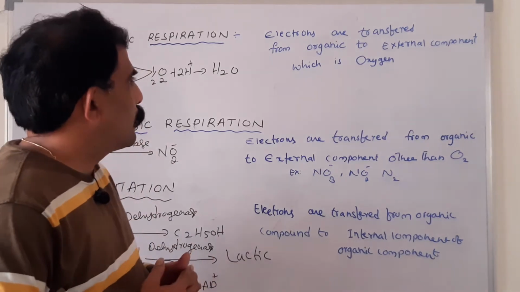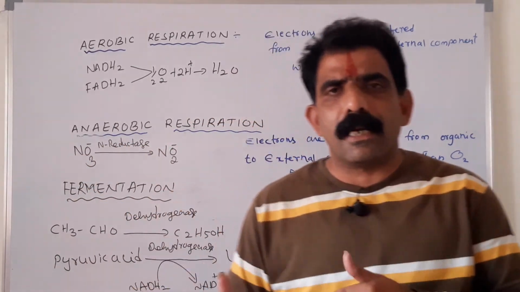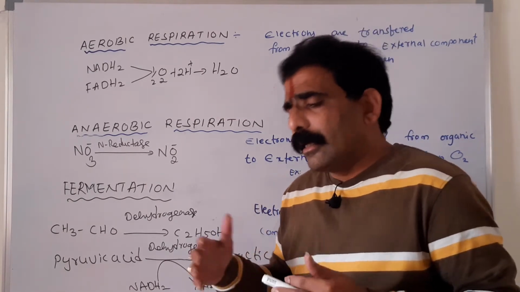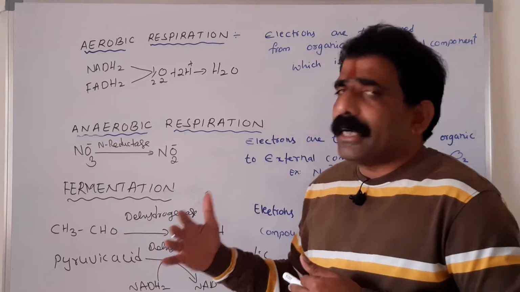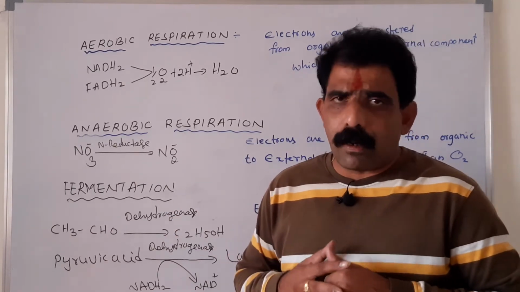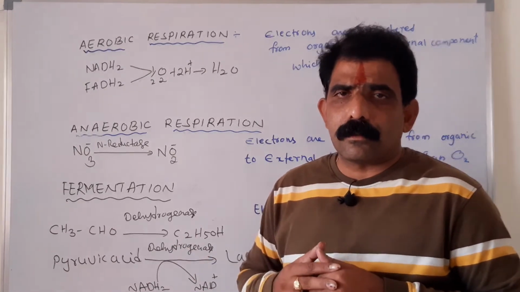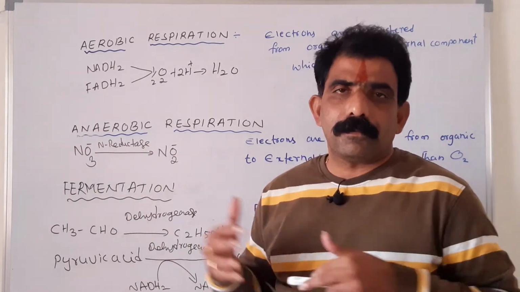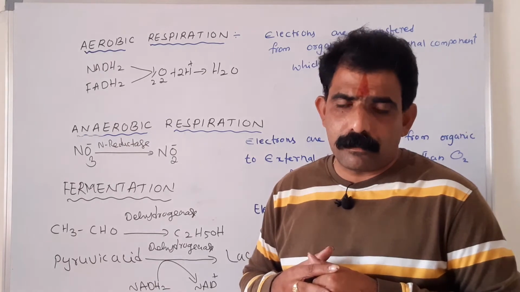During this process, in various steps like glycolysis, the connecting link reaction, and even the Krebs cycle, NADH2 and FADH2 are formed. NAD plus and FAD plus are the coenzymes that are reduced. So reduced coenzymes NADH2 and FADH2 are formed.